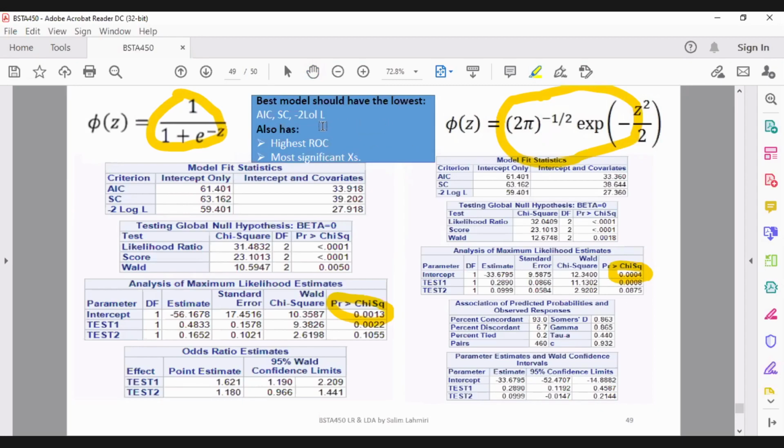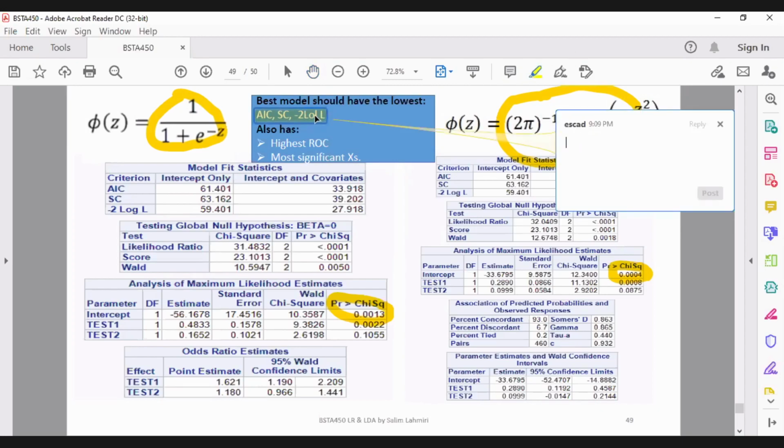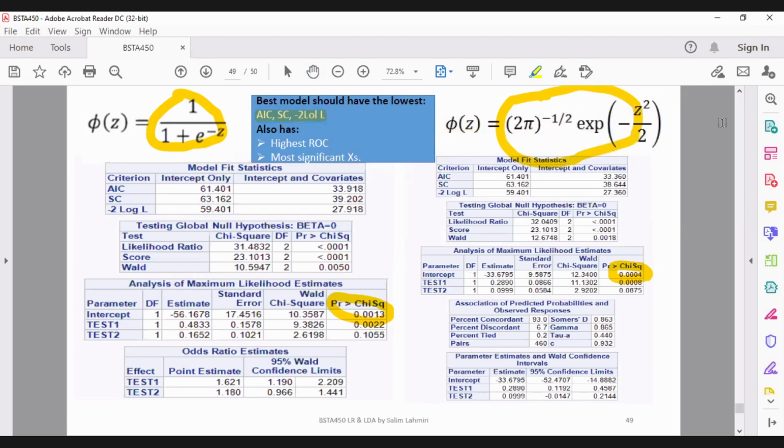The best model should have the lowest Akaike, lowest Schwarz, and lowest -2 log likelihood. The two models have similar Akaike, similar Schwarz, and similar -2 log likelihood.